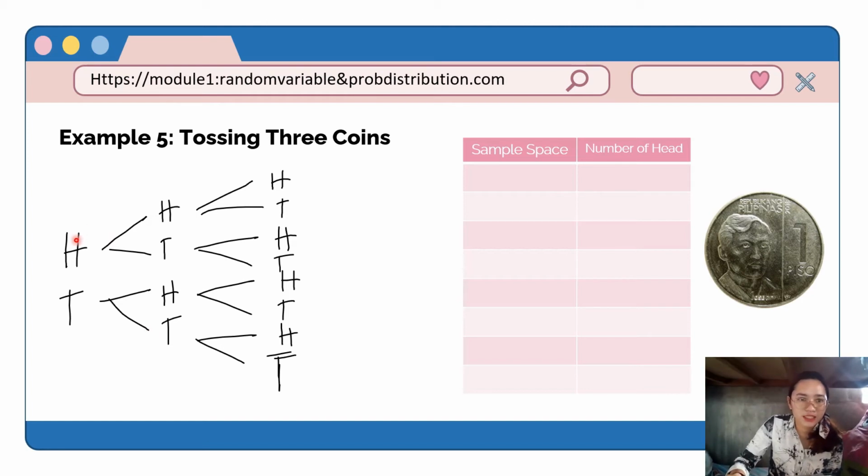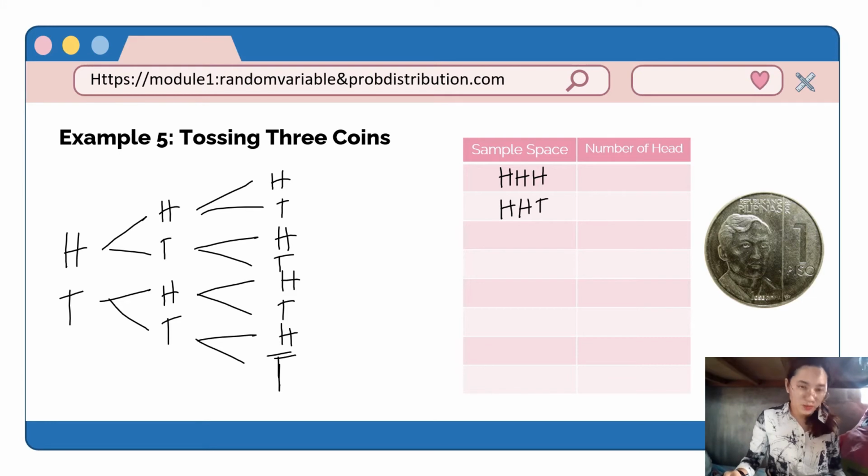Ayan. So pinakauna is head, head, head. So possible na ang lumabas po natin ay pare-parehas na head. Next naman, we have head, head, tail. Next, we have head, tail, head.